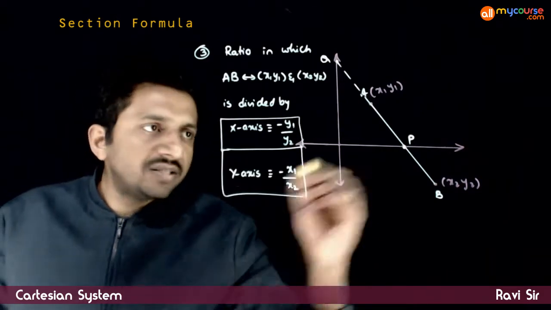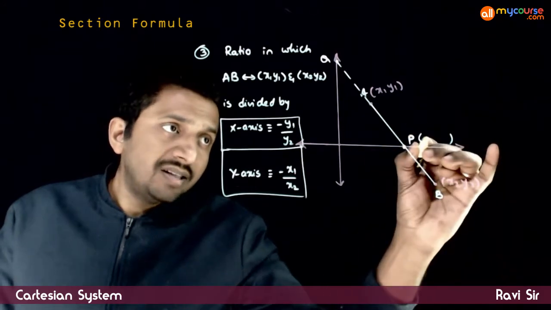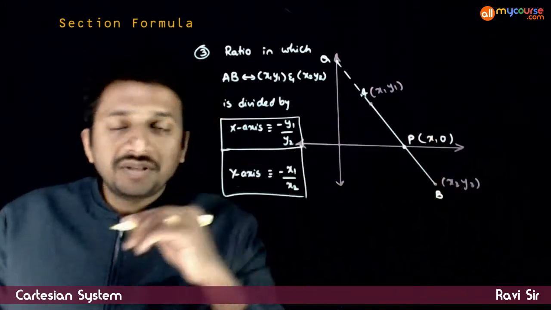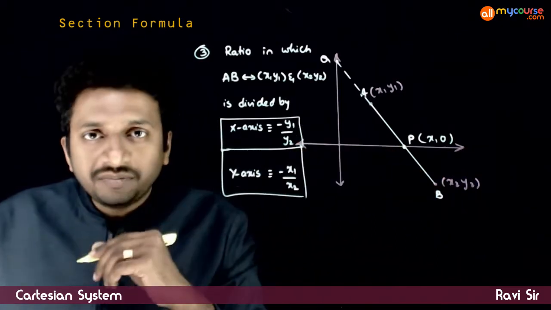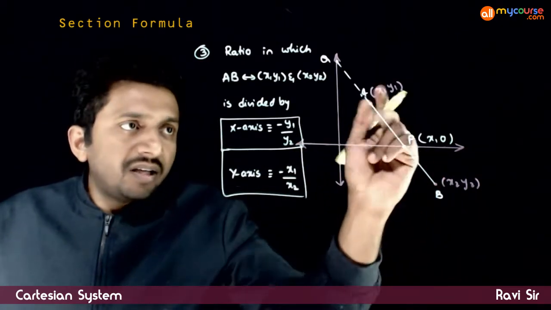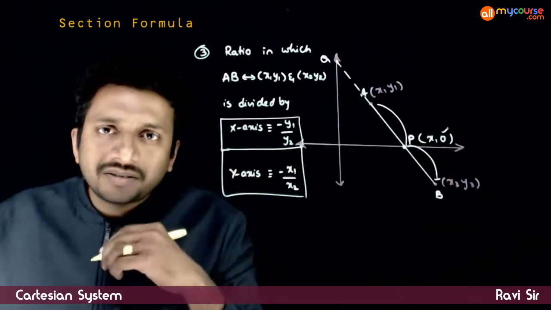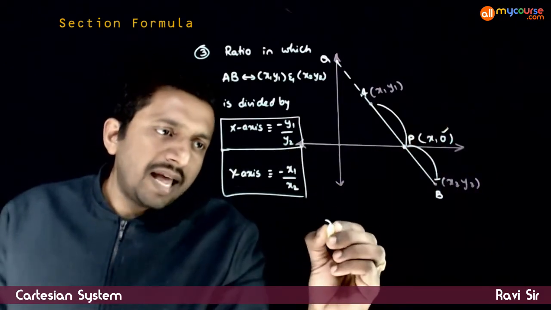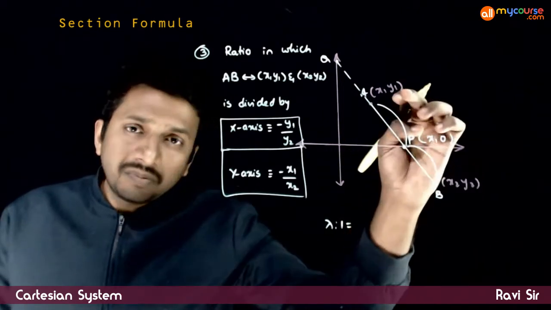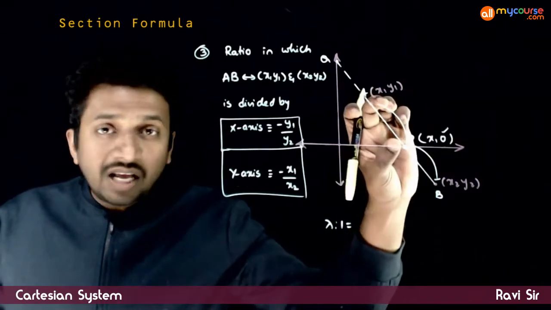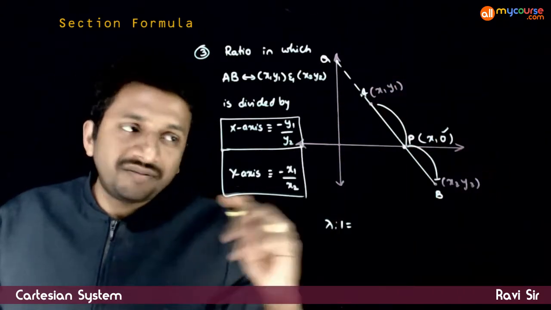The logic is very simple. If you have a point on x-axis, the point will be of the form (x, 0). So the division ratio can be very easily found out using the y coordinates. So the ratio lambda is to 1 is nothing but y1 minus 0, because we have already seen that the ratio can directly be obtained by just taking the differences.